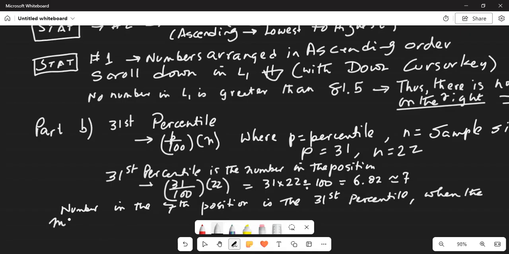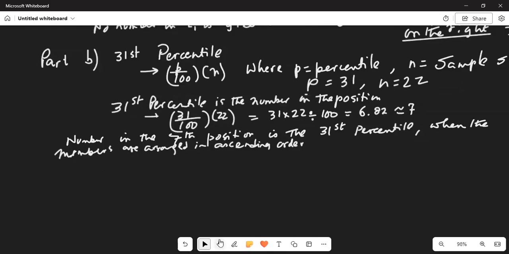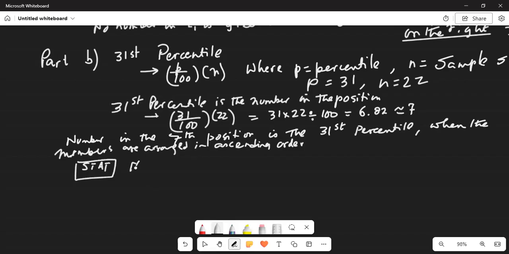When the numbers are arranged in ascending order, basically we will press stat, then number 1, which is edit, and look for the number in the 7th position.